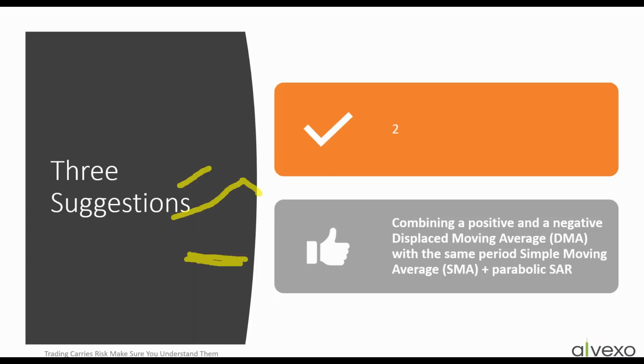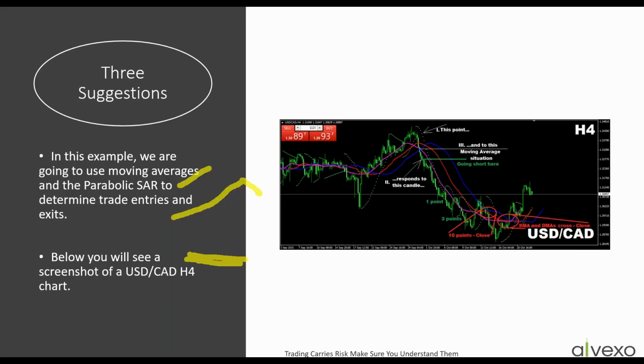Number 2, we can combine a positive and a negative displaced moving average, with the same period simple moving average and a parabolic SAR. So in this case, we're using our parabolic SAR as our indicator, okay, and we're using 2 different displacements.